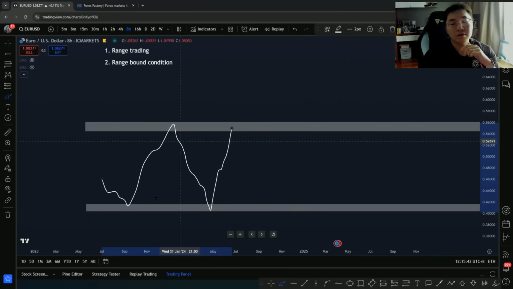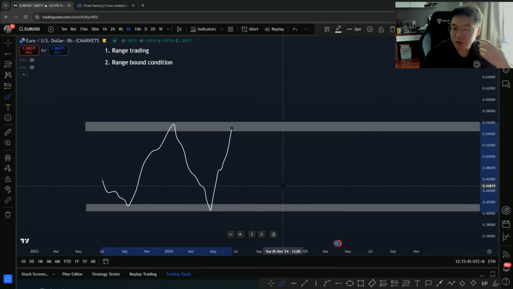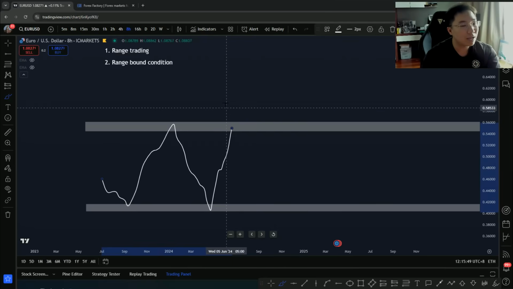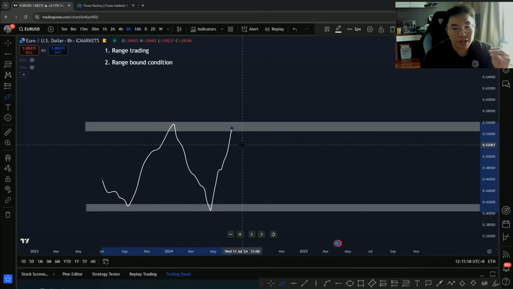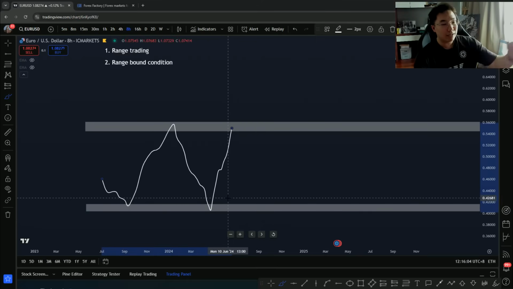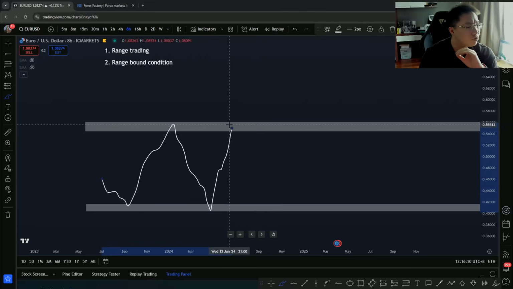At this point in time, you probably start having clues: is this really a range? Can you short this? The answer is you can. The technique about shorting a range is, first thing, don't expect perfection. Until price has done at least a double retest at the bottom band, at the low of the range, or two retests at the upper band, or high of the range, you really wouldn't know it's an actual range, right?